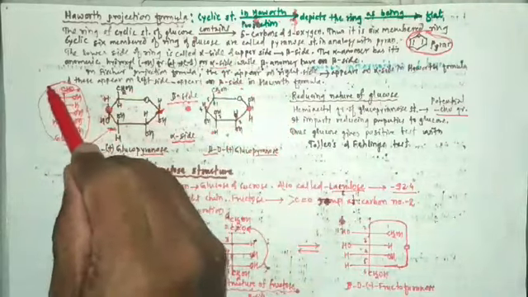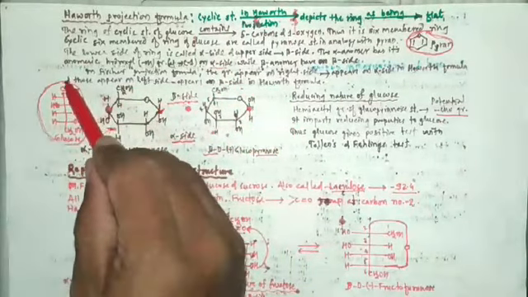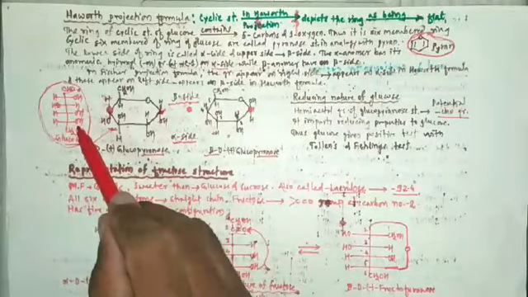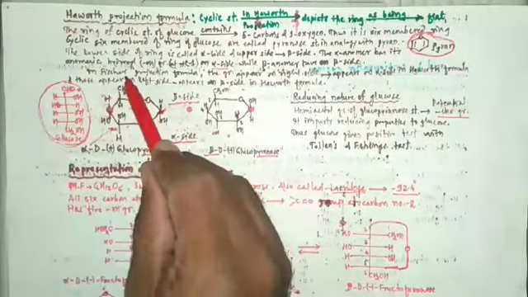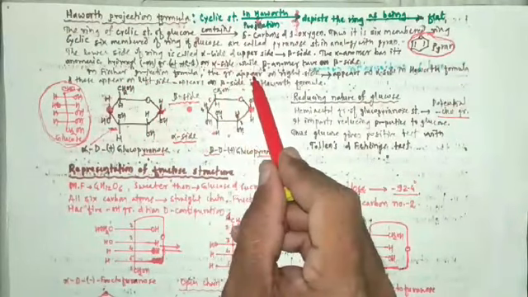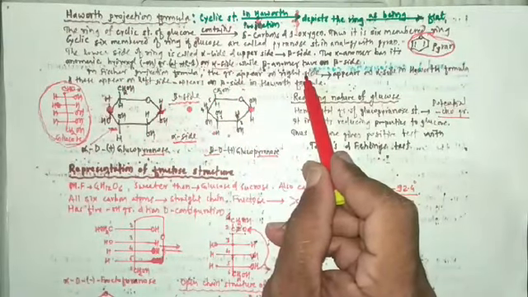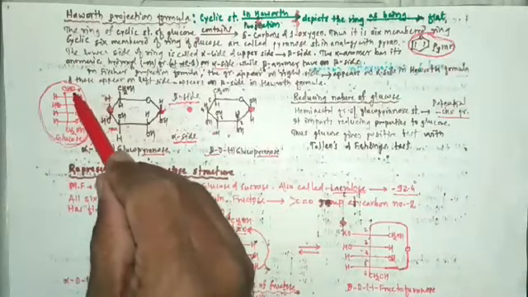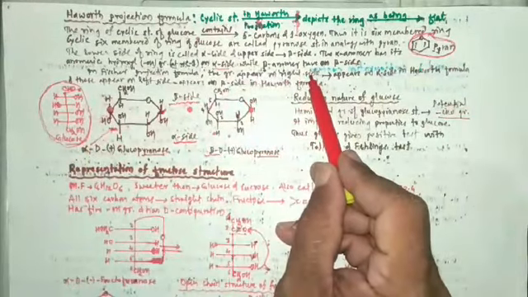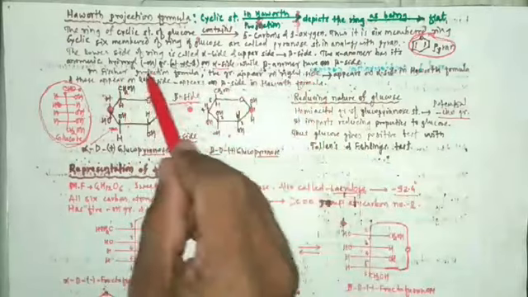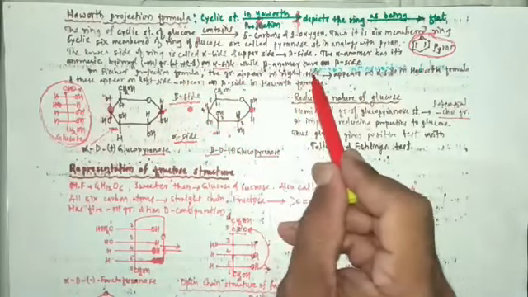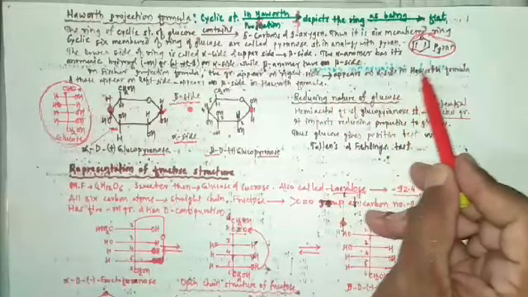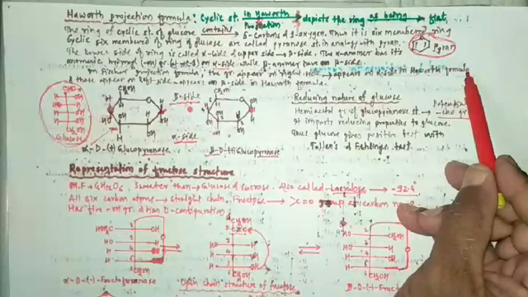So this is the open chain structure of glucose, or the Fischer projection formula of glucose. In the Fischer projection formula, the groups on the right side, such as this OH, H, OH, H, appear on the alpha side in the Haworth formula.